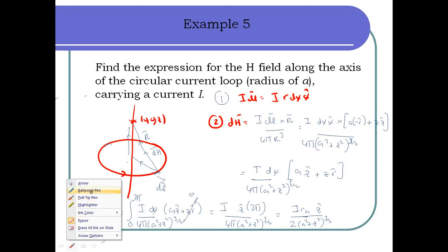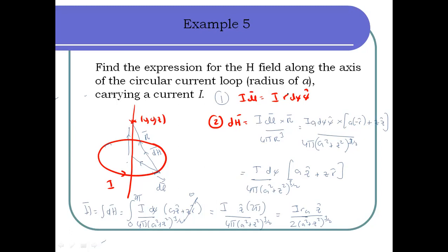If you have A here, this is A d phi. Supposedly it's A d phi, not R d phi, because the dL is calculated on the curve of your circular structure. So the dL should be A d phi, not R d phi. That's why we're going to have this be A squared. I can just take out the A squared.